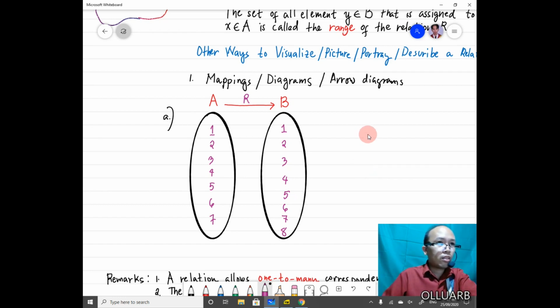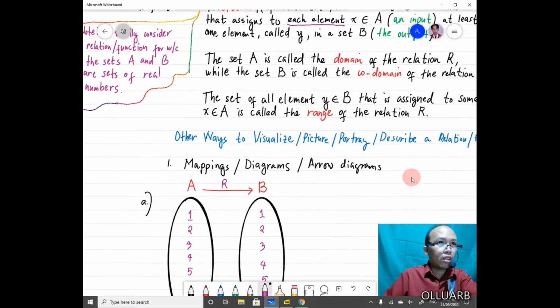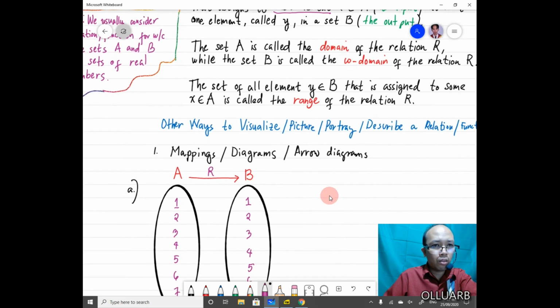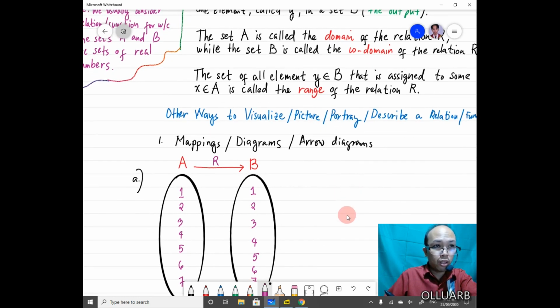It says here, in the definition of a relation, each element x. This is very important. When you say each element, it could mean for every element. Is that clear to you?